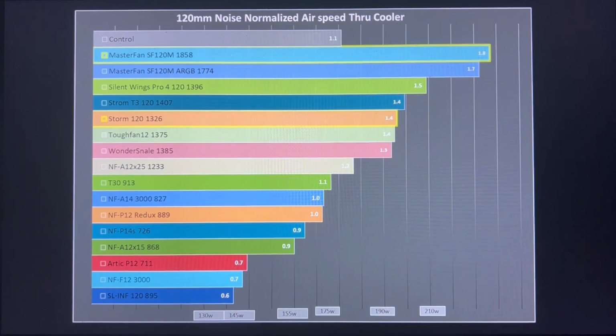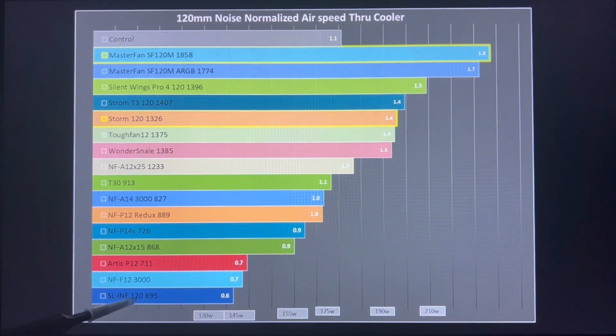Also on this graph, I want to note my margins of error. My anemometer, that's the wind speed gauge, has an error of plus or minus 0.1 meters per second. So fans that are within 0.1 meters per second should be considered functionally equivalent. For example, right here, the Arctic P12 and the Noctua NF-F12 are both rated at 0.7 meters per second.